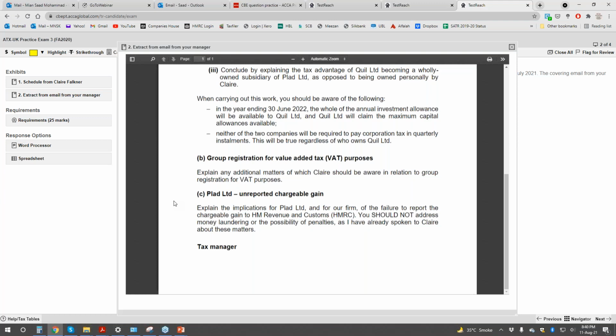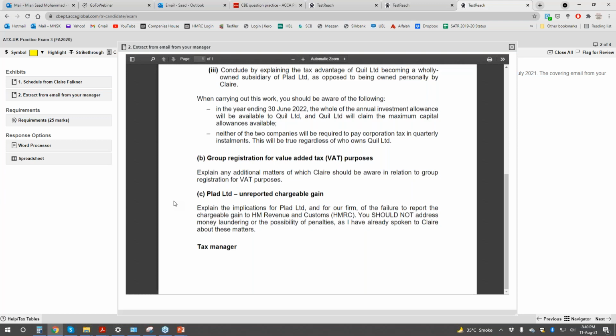Explain any additional matters of which Claire should be aware in relation to group registration for VAT purposes. At this point, I don't know who Claire is. However, he needs some knowledge about group VAT registration. All I know is that if you have companies that are either owned by the same individual or under common control, they can form a VAT group. And what is the benefit of a VAT group?